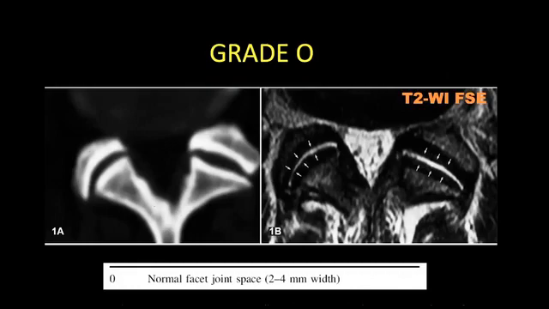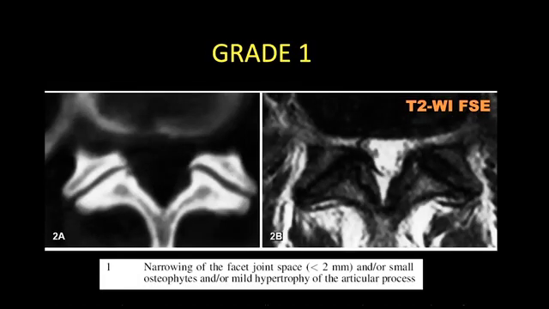This grading system, which we don't use clinically, helps us think about the spectrum of OA. A normal facet joint has about a 2 to 4 millimeter width. You can see some cartilage there in a normal architecture. Mild osteoarthritis would have narrowing of the facet joint, and or small osteophytes with mild hypertrophy or enlargement of those articular processes.